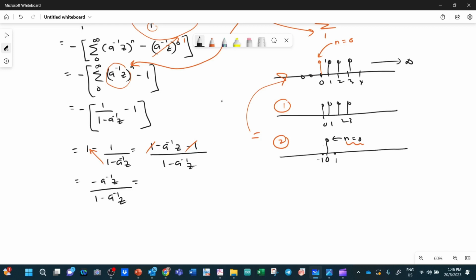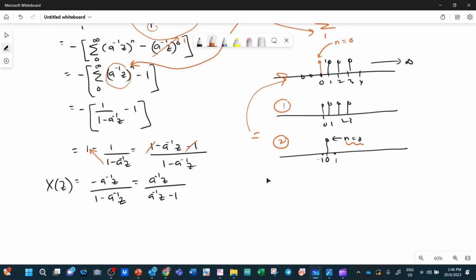And because this is the negative part, you rearrange that as a minus 1 z over a minus 1 z minus 1. So this is the equation for x.